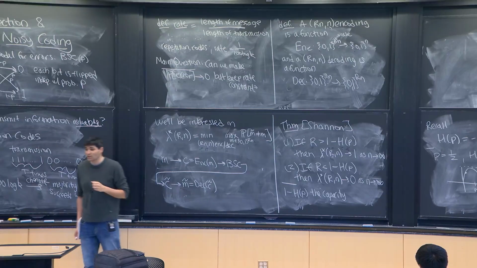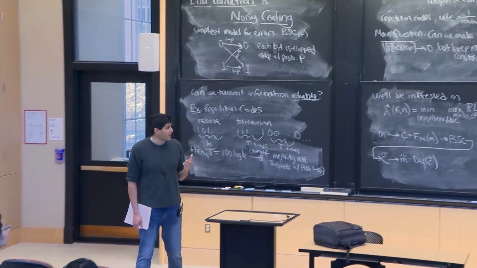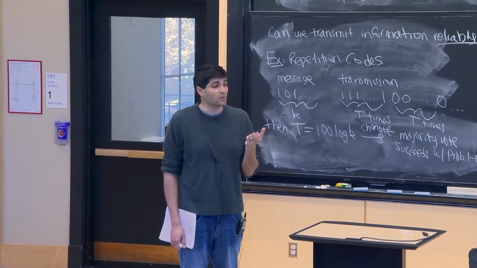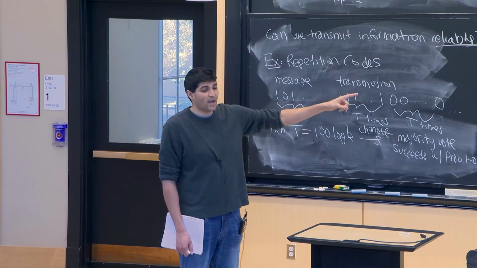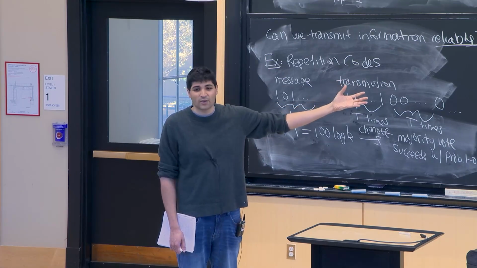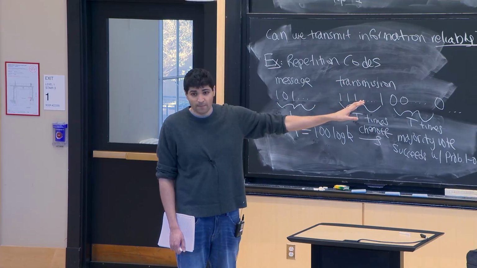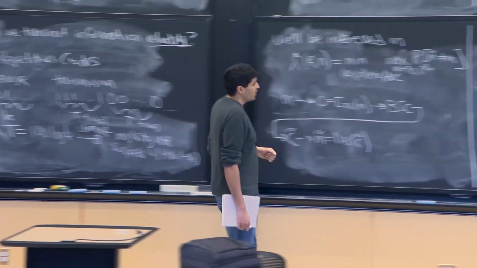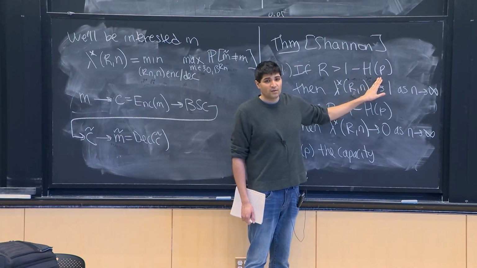Let me test your intuition again, right? What's interesting is that this entropy function, h of p, is symmetric around p equals a half, because when I substitute p with 1 minus p, it doesn't change the expression. So the same thing is true for 1 minus entropy of p. So what Shannon's theorem is telling me is that when my bit flip probability is 2/3, I can also communicate at some positive rate.